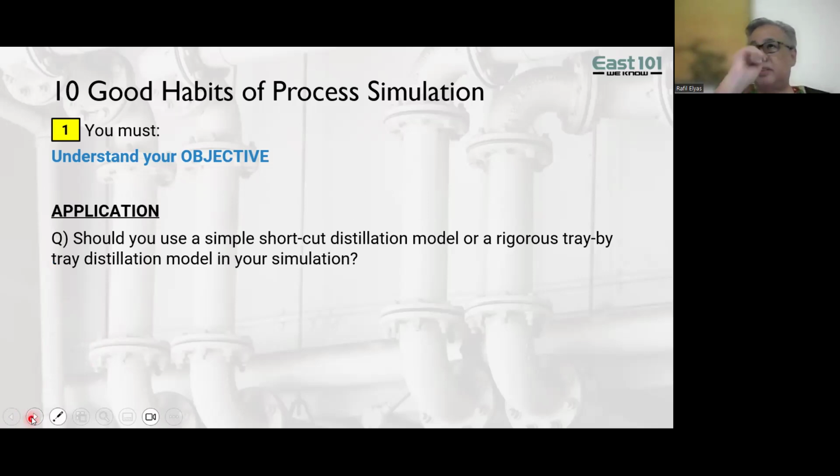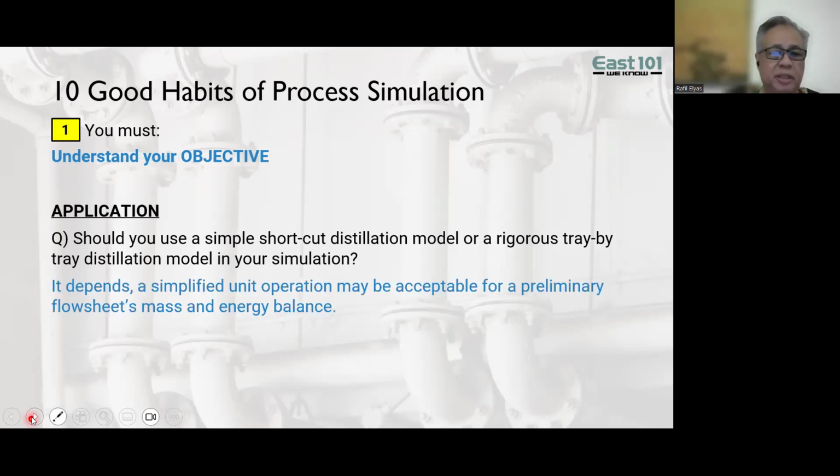The type of model and the level of rigor that you implement, even if you're using HYSYS, matters. Let's say you have a PFD that you want to model, and there are some distillation columns. You want to decide, should I use a shortcut distillation model, using a simple Fenske relationship, or a rigorous tray-by-tray flash calculation? Well, it depends.